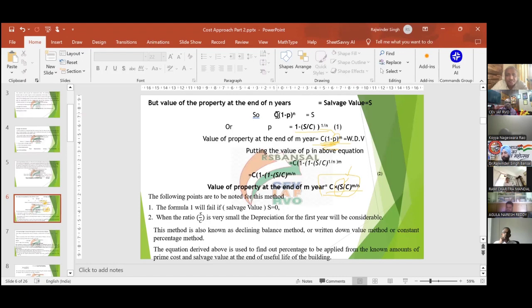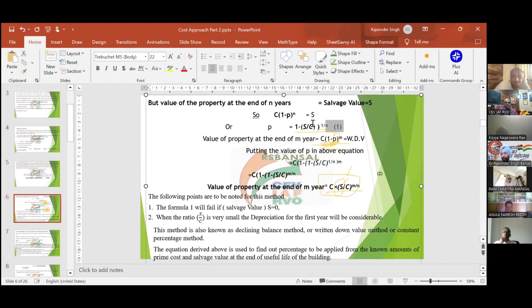So C into (1 minus P) raised to the power n should be equal to S. If you calculate P from here, P is equal to 1 minus (S upon C) raised to the power 1 upon n. So if the scrap value is given to you, you can calculate the value of P in this way.